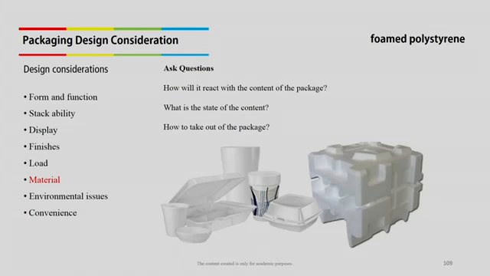EPS is another material. The full form is expanded polystyrene. EPS has shock absorbing properties, making it ideal for storing and transporting fragile items such as wines, chemicals, electronic equipment and pharmaceutical products. Its thermal insulation and moisture resistant properties are perfect for packaging cooked food as well as perishable items such as seafood, fruit and vegetables.